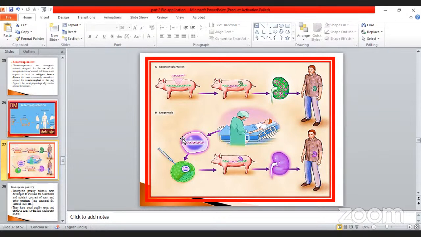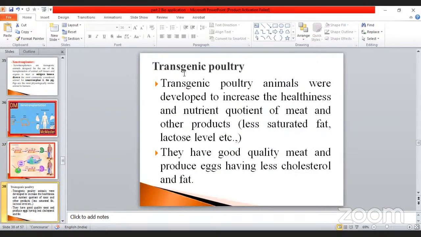This is called exogenesis. Exo means outside. Take a cell from the human body, culture it and introduce it into the pig. After the organs are well developed, we can transfer them into the human body. These are all called exogenesis. This is very, very important, my dear.